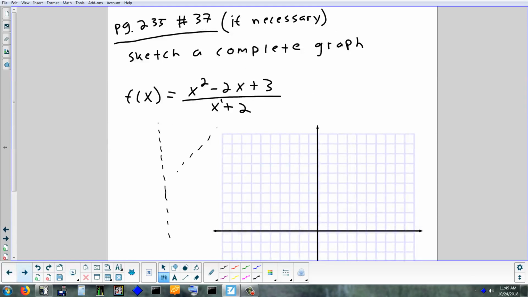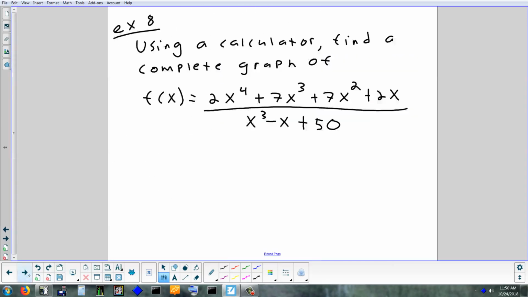A vertical, a slant, and the graph is going to be in that section and that section. That's pretty much what it's going to look like. But you'd have to plot a few points and play with it to get that.